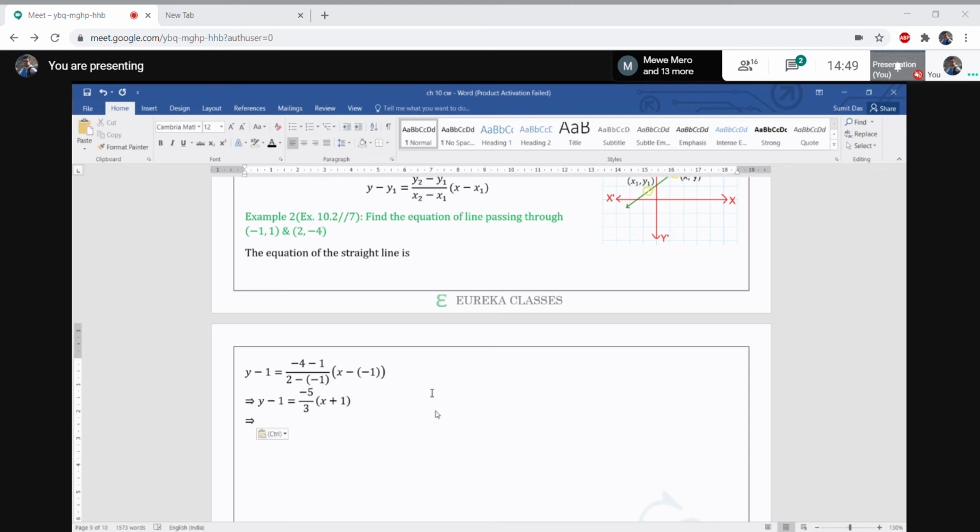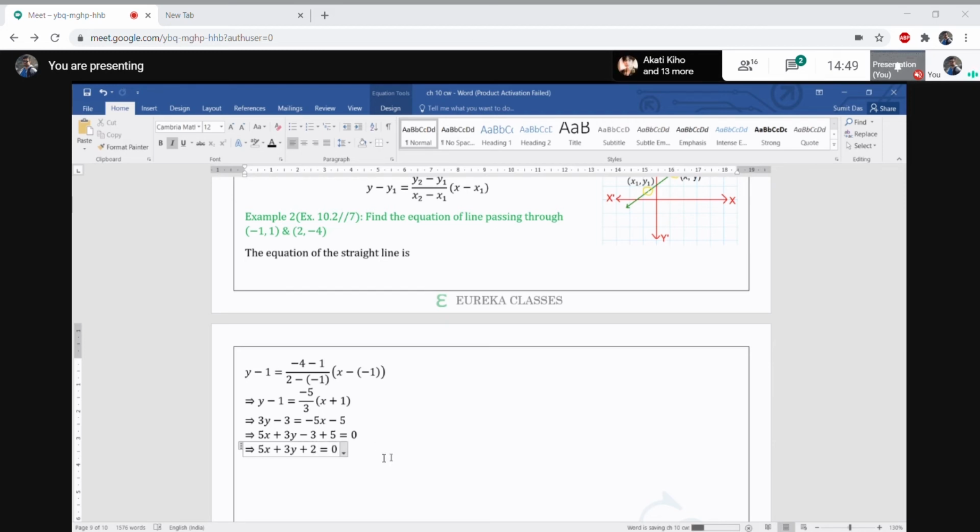Then if you simplify, it will be 3y minus 3 equal to minus 5x minus 5. Next line, take everything to the left side. That will be 5x plus 3y minus 3 plus 5 equal to 0. If you simplify more, it will be 5x plus 3y plus 2 equal to 0.